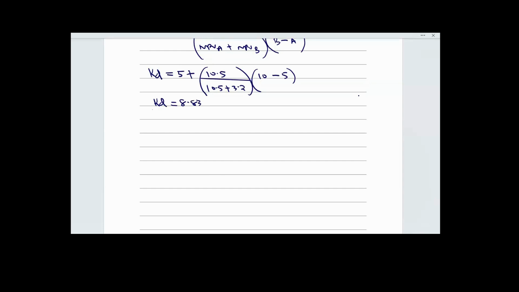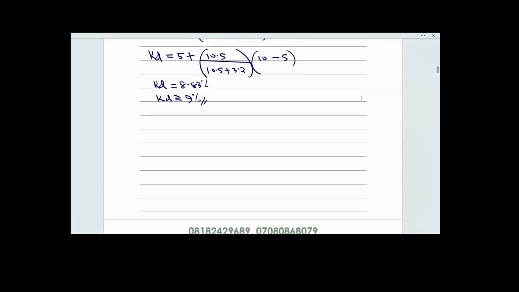Oh, okay, 8.83. So the cost of redeemable debenture is approximately 9%. So that's that. Then step 4 is to calculate WACC.